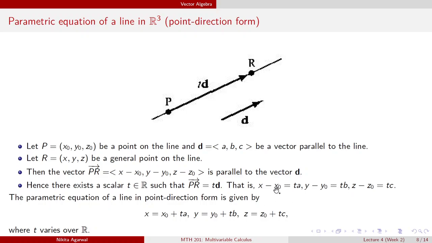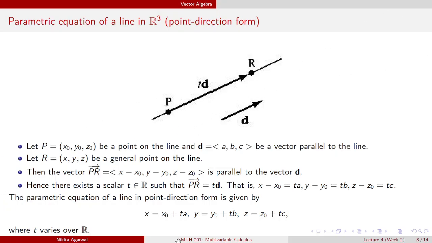Now you bring x naught, y naught, z naught on the right hand side. You get x is equal to x naught plus ta, y is equal to y naught plus tb, and z is equal to z naught plus tc, where t varies over R. As t goes from minus infinity to plus infinity, you get all the points on this line.